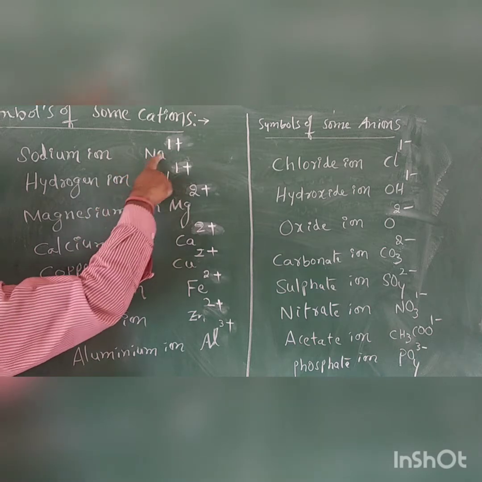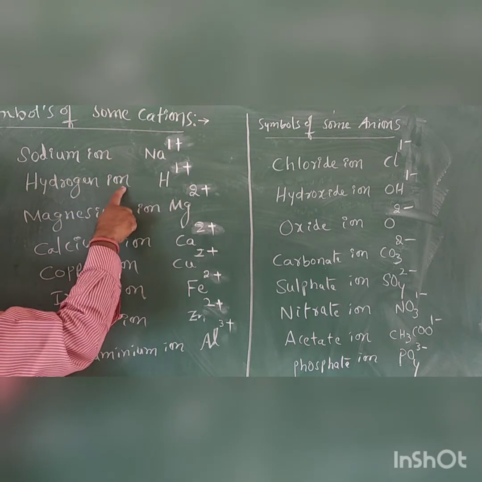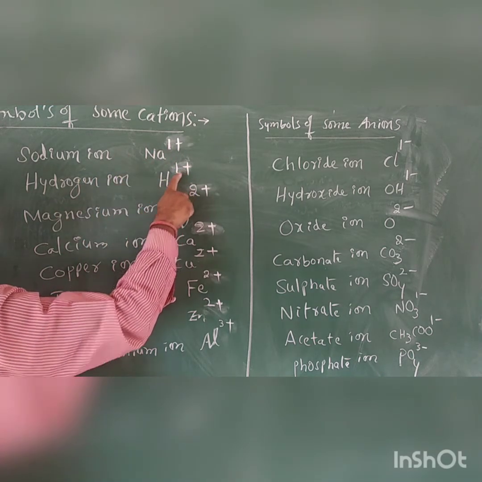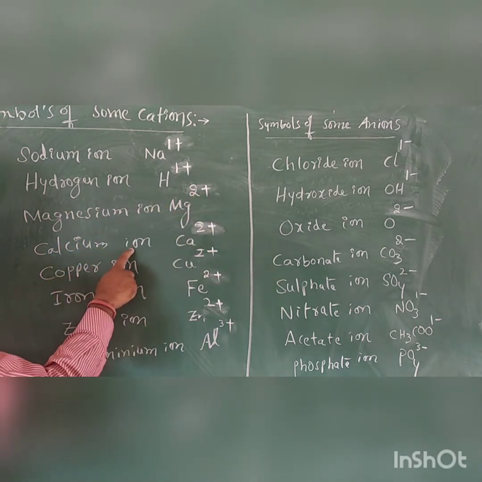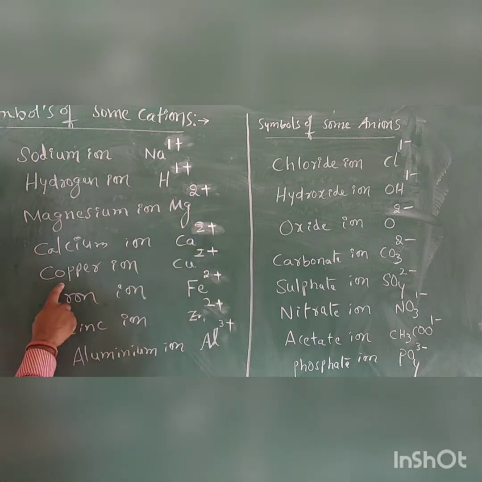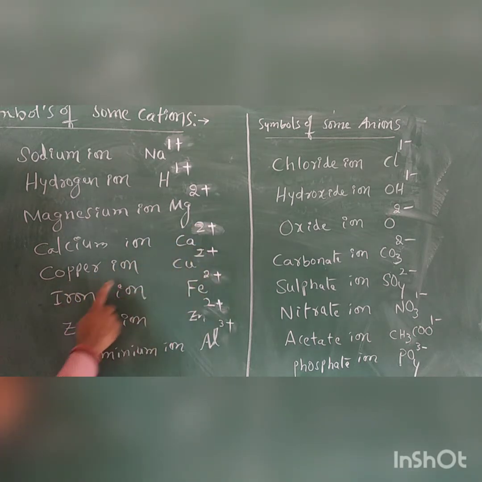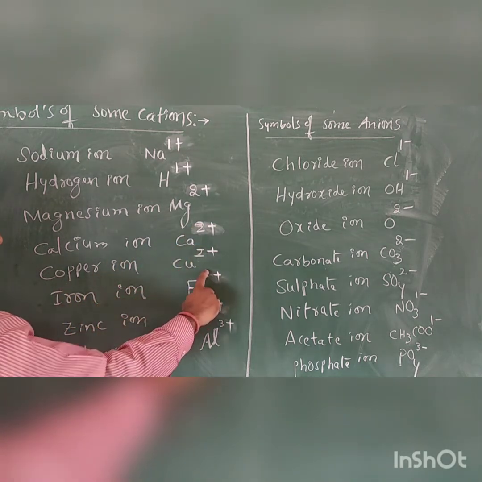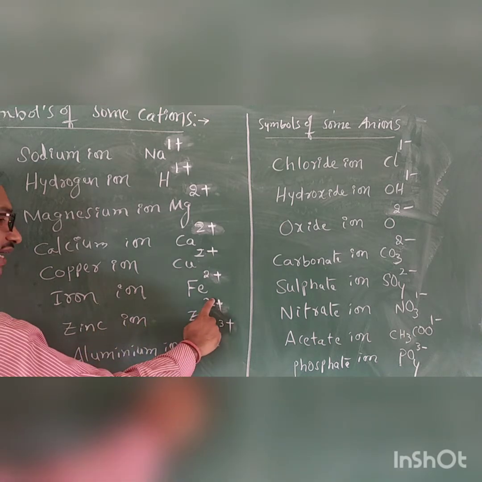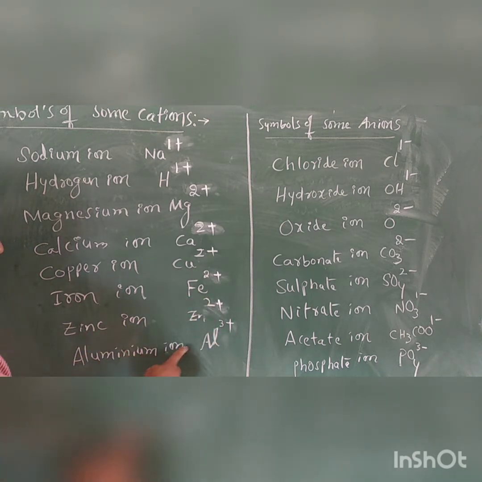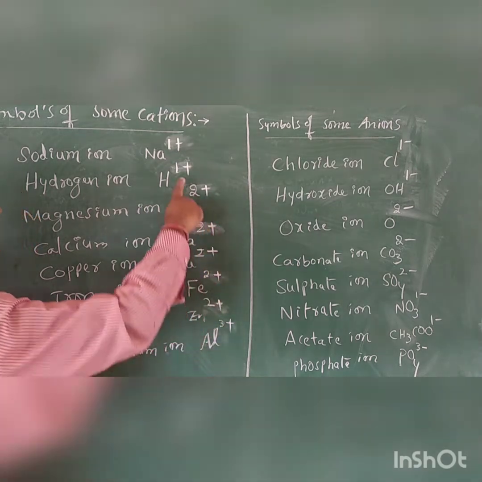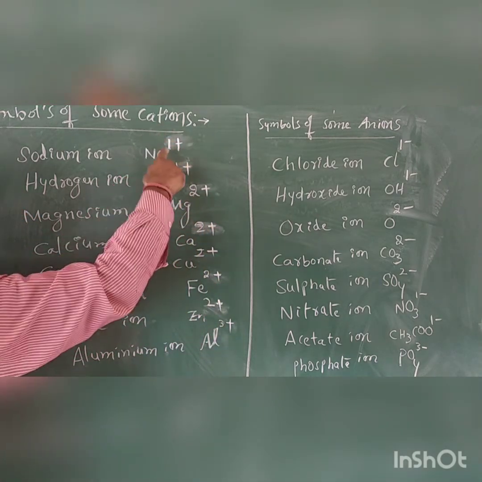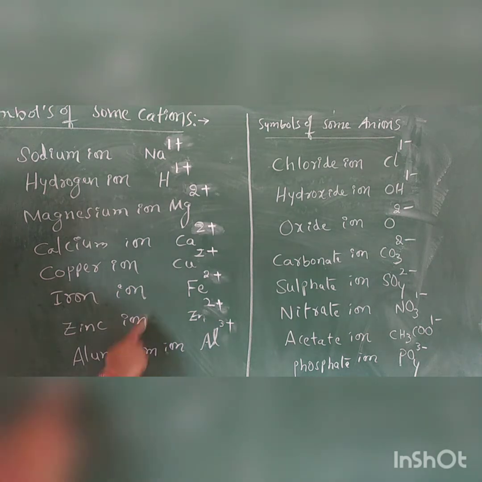Sodium ion symbol Na1+, hydrogen ion symbol H1+, magnesium ion symbol Mg2+, calcium ion symbol Ca2+, copper ion symbol Cu2+, iron ion symbol Fe2+, zinc ion symbol Zn2+, aluminium ion symbol Al3+. All these have plus charges. Plus charges means cations. These are all examples of cations.